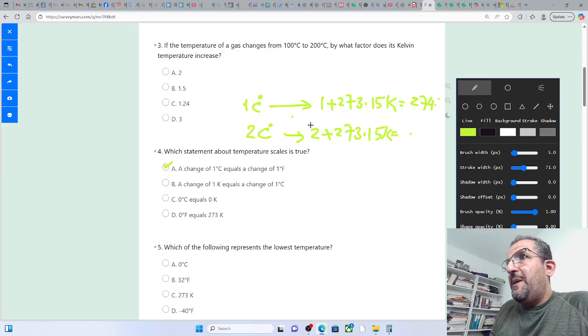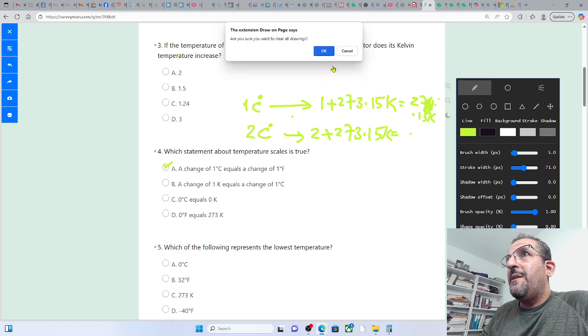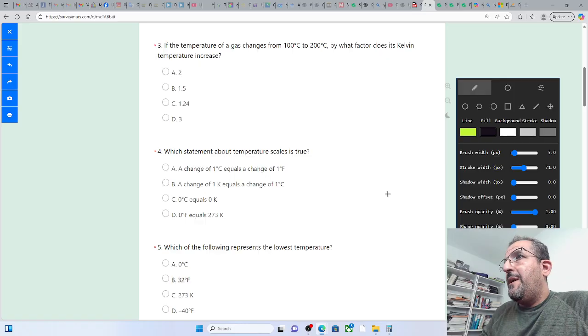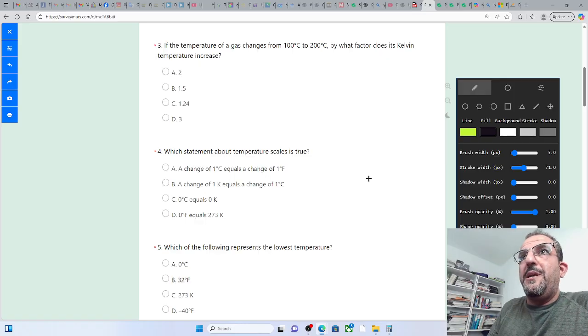We need some space for 0.15 Kelvin, I'm sorry. Let's see if we can have an eraser. The eraser doesn't work, so maybe I need to clean the whole thing and have more space here.